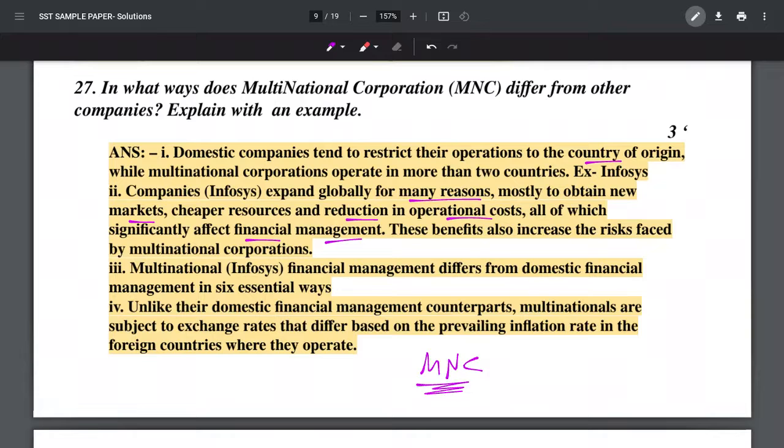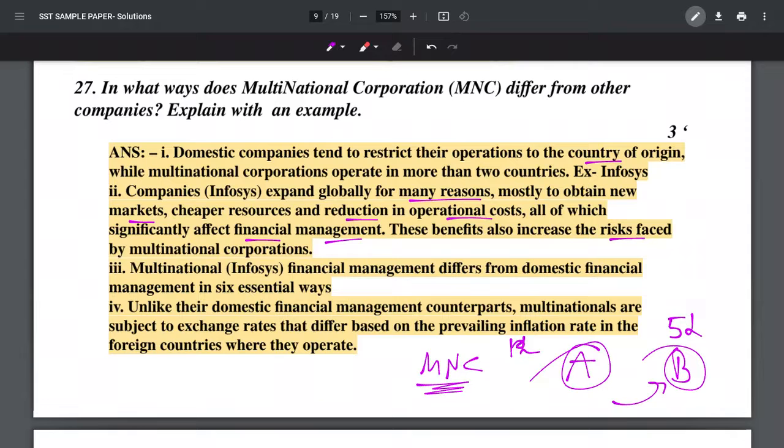So if you are getting the cost of things at one place, let's say A, at 10 lakh, but in another country we are getting the same goods at the cost of 5 lakhs, so you have a profit of 5 lakhs. So obviously you'll even start a company in B, right? It will take time, but the cost will be less. That's also the benefit. It also increases the risk faced by multinational corporations, but it's worth the risk.